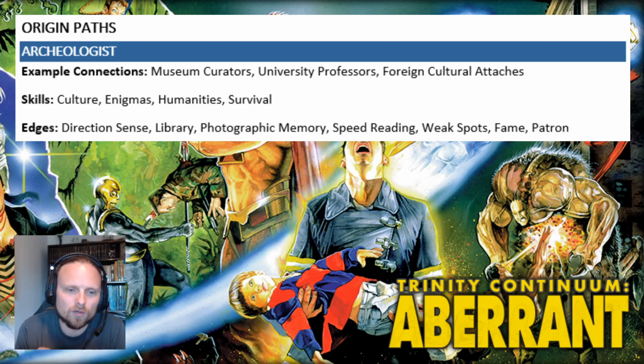Weak spots is the only combat-ish edge I have in the pack, spotting weak spots in structures or in plants or in a lot of different things, and exploiting them. I thought it makes sense if you have to break through a fortified wall to get into the tomb or whatever you're digging out. The ability to spot weak spots, I think it was all right within this cinematic approach to archaeologists.